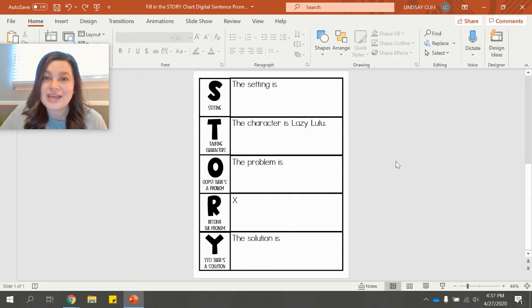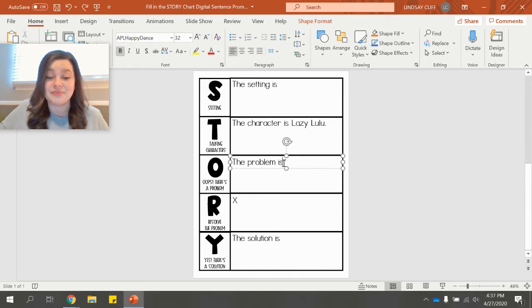So she's waiting for something that she can eat. So I'm going to put that in as my problem. The problem is Lulu does not want to eat the things blowing by her.